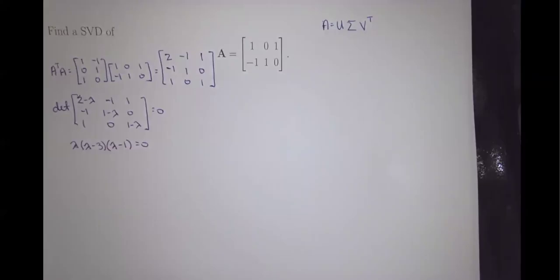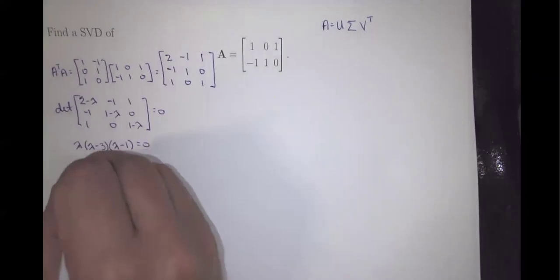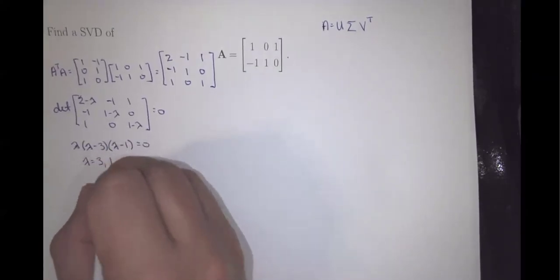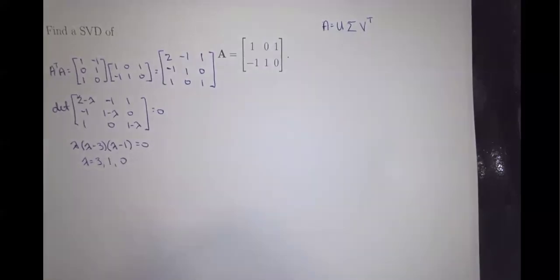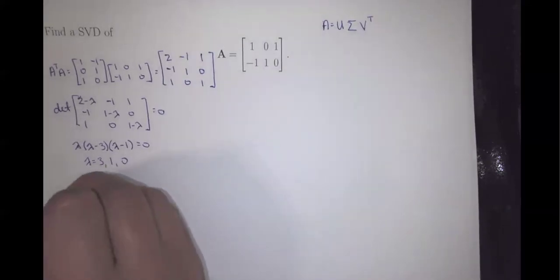Just follow the minors, use the Laplace method. It'll be okay, you'll figure it out. But you've got lambda equals 3, 1, and 0. So this gives you a place to start.